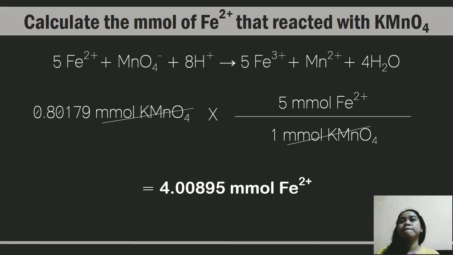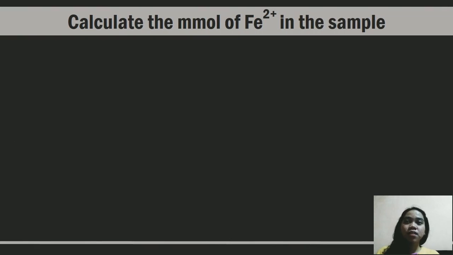Moving forward, we will now calculate the millimoles of Fe2+ in the sample. The millimoles of Fe2+ earlier is the millimoles of Fe2+ in the titration. Now we will calculate for the Fe2+ in the sample. We are given 0.7120 gram of sample.